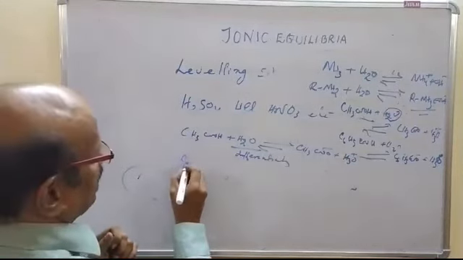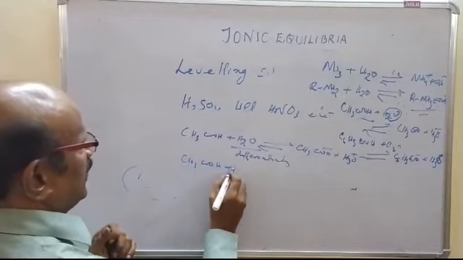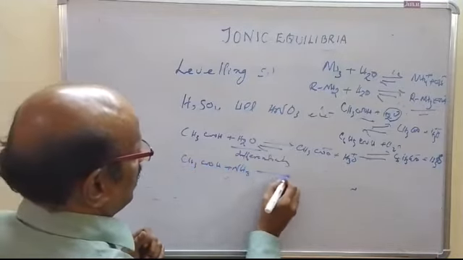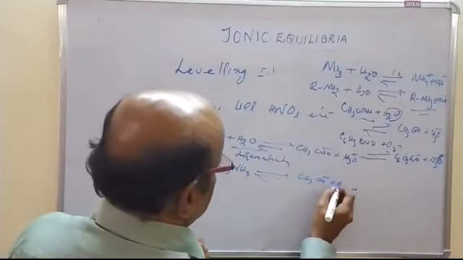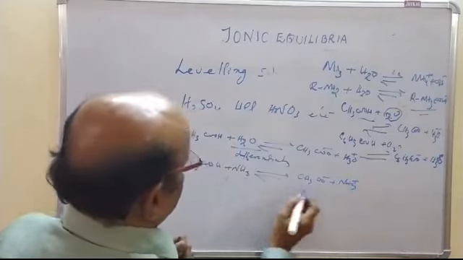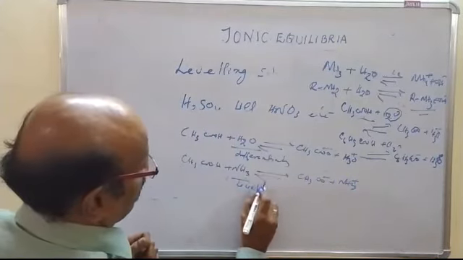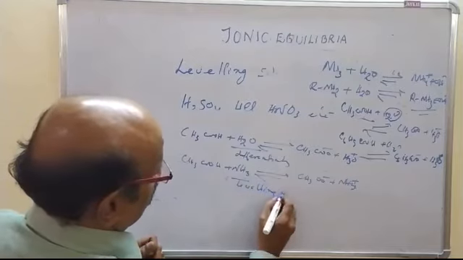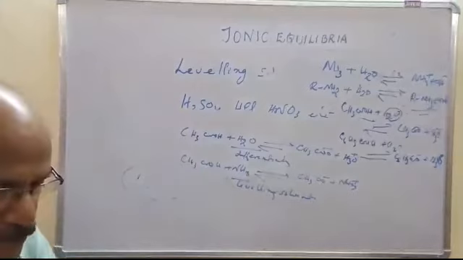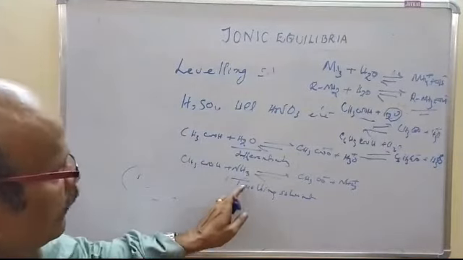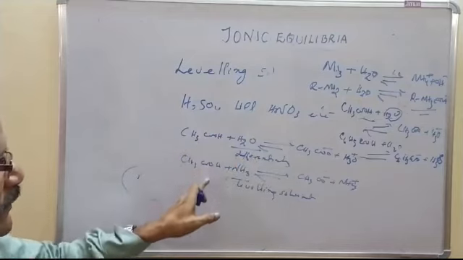But acetic acid, when dissolved in NH3, gives CH3COO minus plus NH4 plus. Here it is a leveling solvent. Ammonia is acting as a leveling solvent, but water is acting as a differentiating solvent for acids with respect to acetic acid.